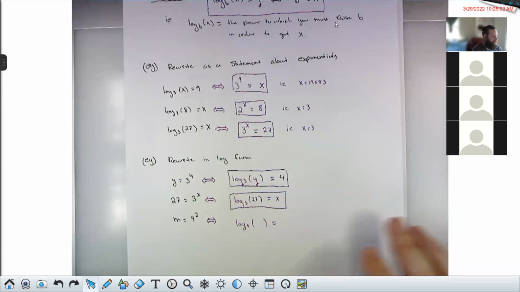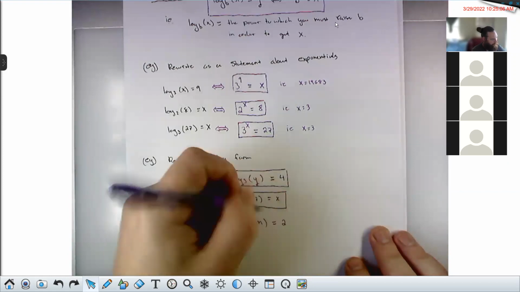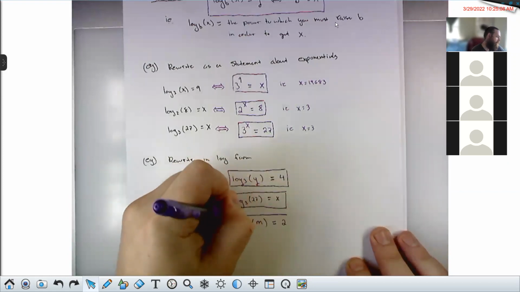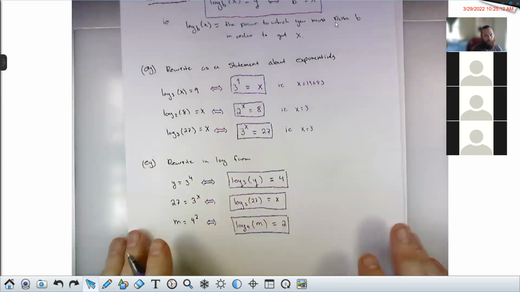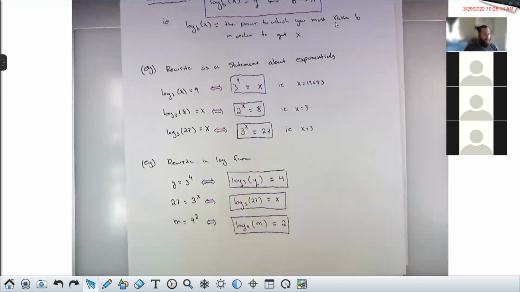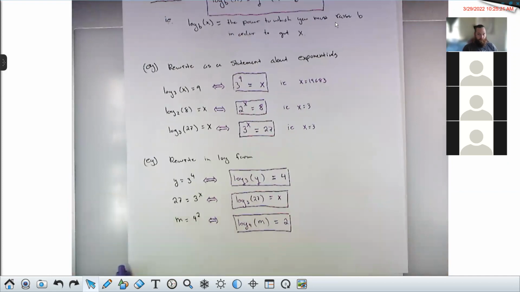Excellent. Okay. Questions about how to go back and forth from statements about logarithms to statements about exponentials or vice versa?